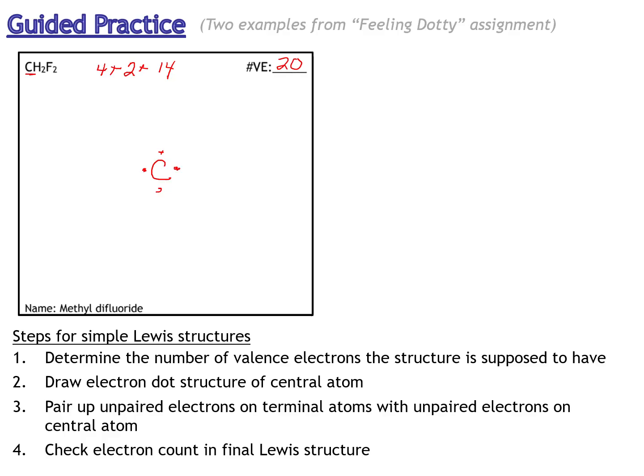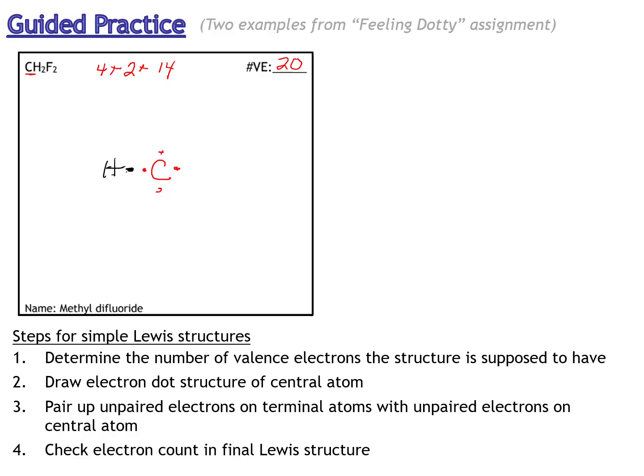Now each hydrogen, I'm going to change colors, only has 1 valence electron. And as soon as you make a bond to hydrogen, it is going to be done. You don't have to add any more electrons to it. So I'm going to do a dot over here. Here's my hydrogen.